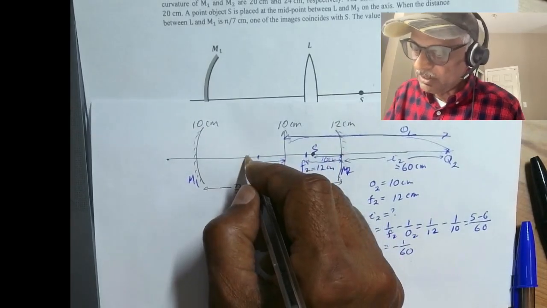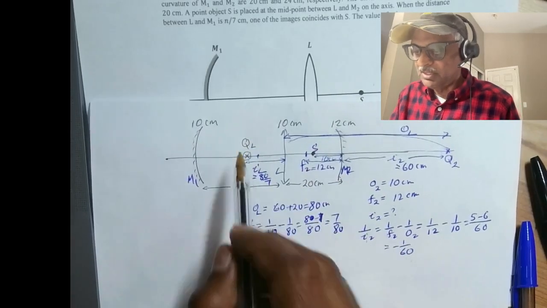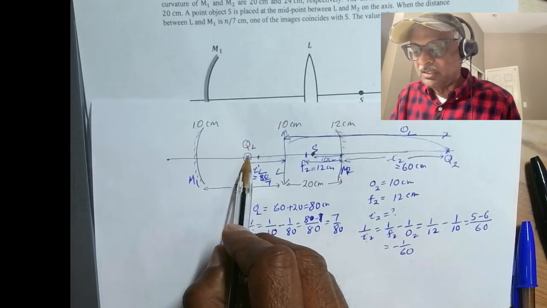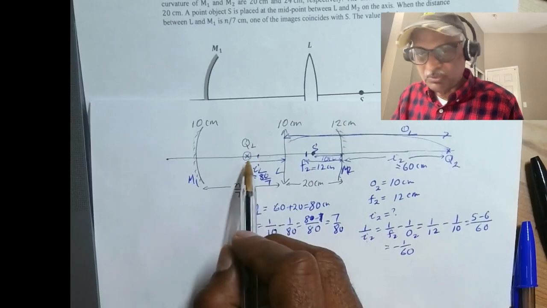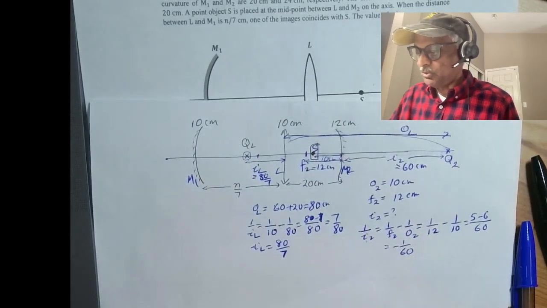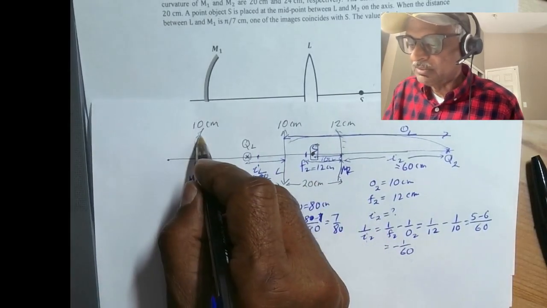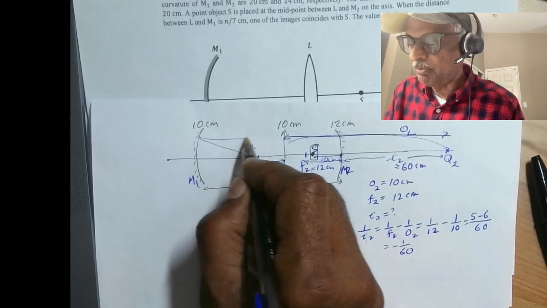Let's call this QL, formed from this. Now this will be the object for this mirror, but we want the rays coming from here to become parallel.